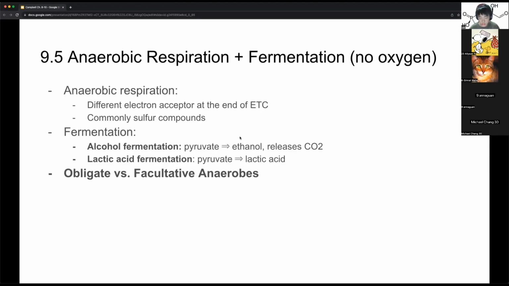So one glucose gets to 2 pyruvate, then 2 acetaldehyde, then 2 ethanol. They also release CO2 in the process, so that's why wine is always bubbly, and they get rid of it.